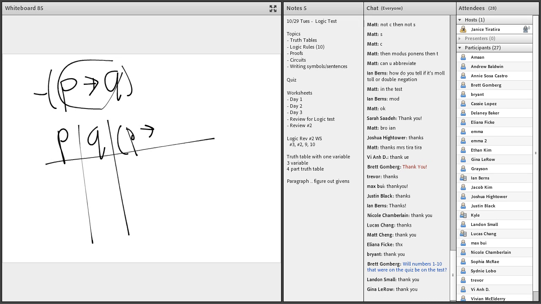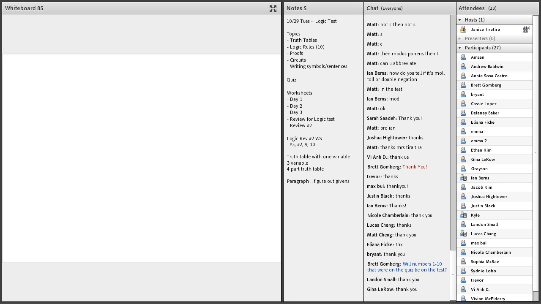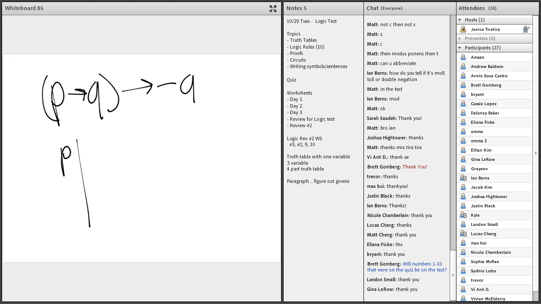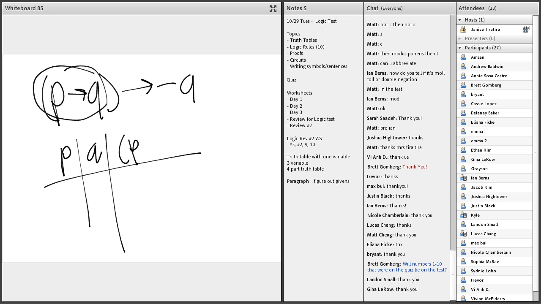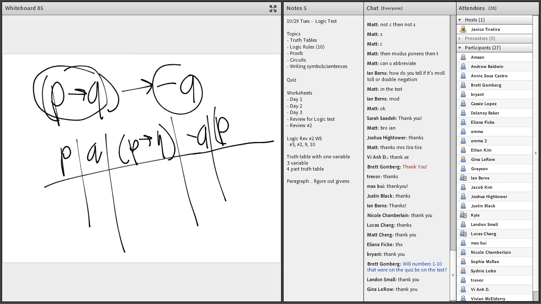You would build the inside of the parenthesis, and then you would negate your previous answer. So just do parenthesis first, then all that. If you had if P then Q, and then not Q, you would build your two basics. You would build the left side of the arrow, if then, and then you would build the right side of your arrow, and then you'll have the whole thing put together.